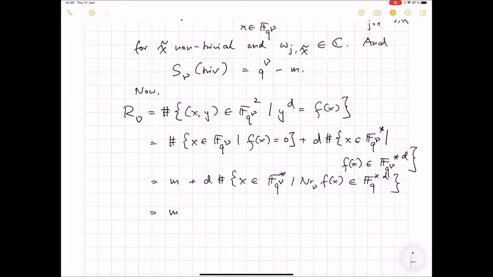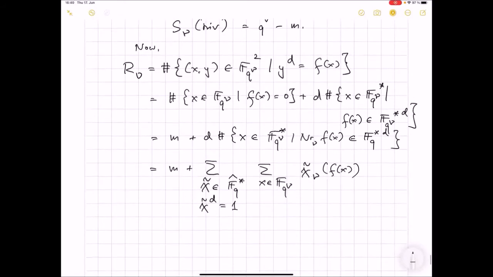So this is m plus m times the sum over all characters chi tilde in F_q star hat, such that chi tilde to the power d equals 1. And then the sum over all x in F_{q^ν}, just by orthogonality of characters, chi tilde composed with the norm of f of x.